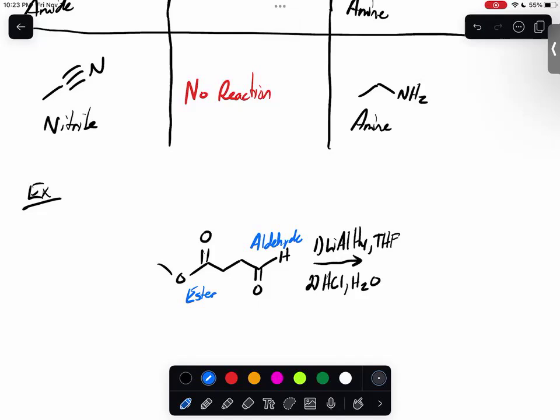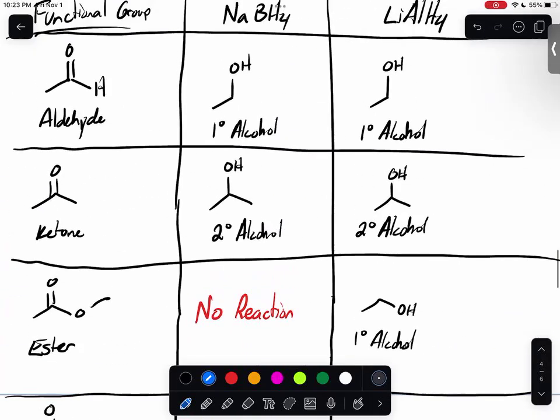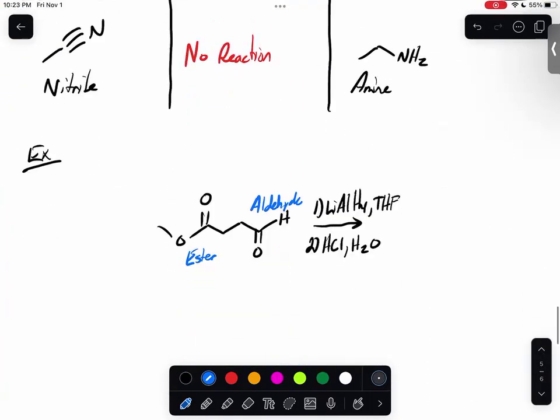The aldehyde is going to be reduced, as we see up here, to a primary alcohol. The ester will also be reduced to a primary alcohol. So what we should see with a reaction with lithium aluminum hydride is that we end up in the situation where the aldehyde and the ester both make alcohols.